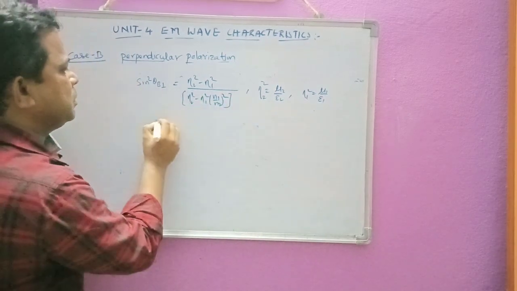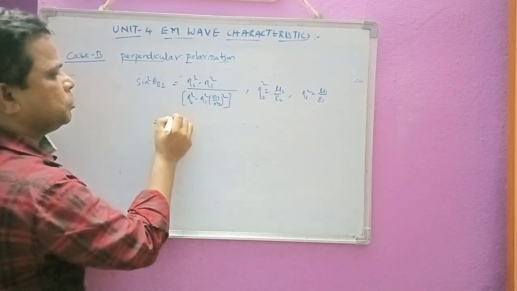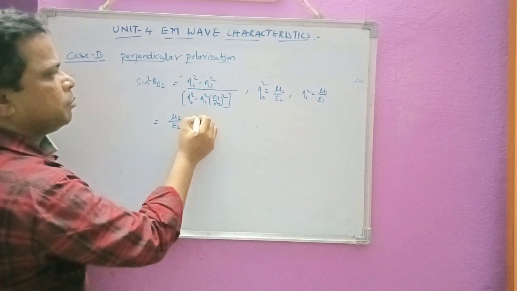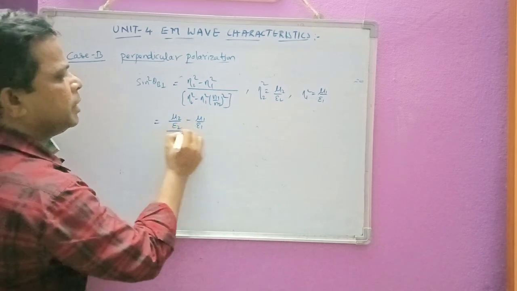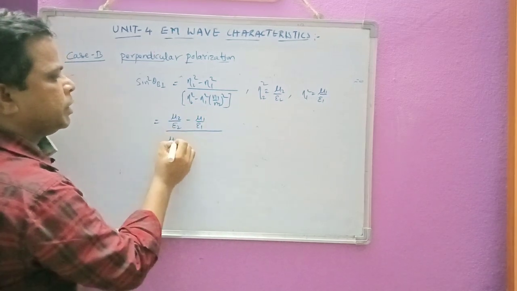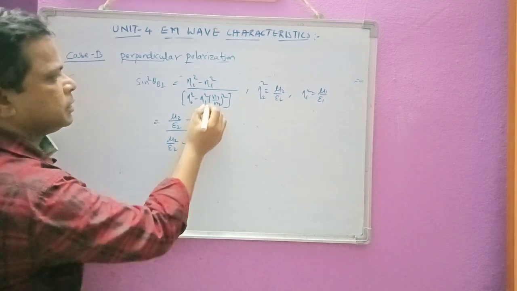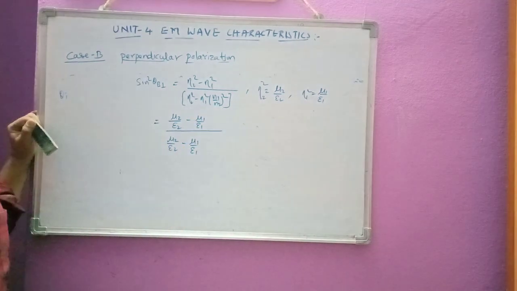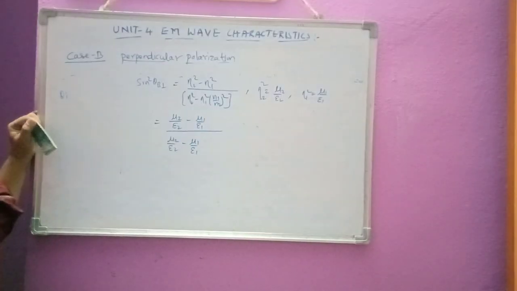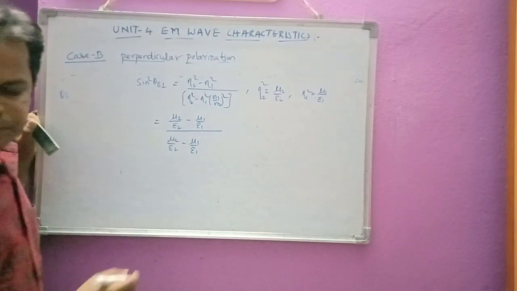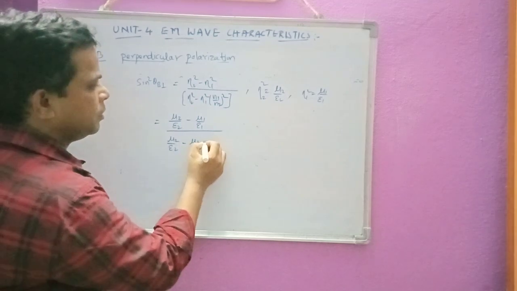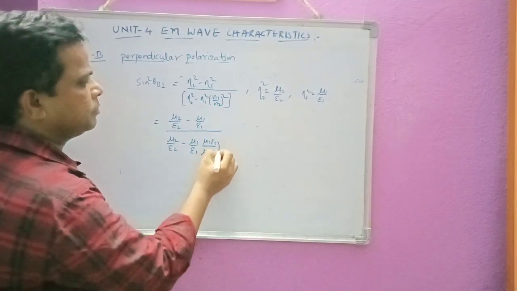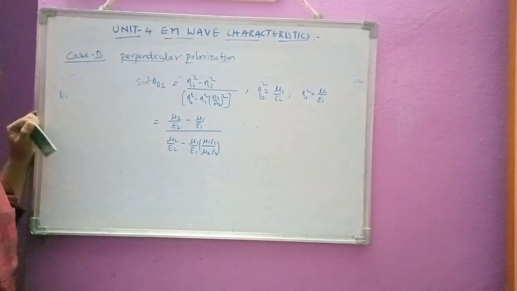So we are going to substitute the values here. After substituting, what I get is mu 2 by epsilon 2 minus mu 1 by epsilon 1, by mu 2 by epsilon 2 minus mu 1 by epsilon 1 into n1 by n2 whole square, that is mu 1 into epsilon 1 by mu 2 into epsilon 2. So this is what we get here.